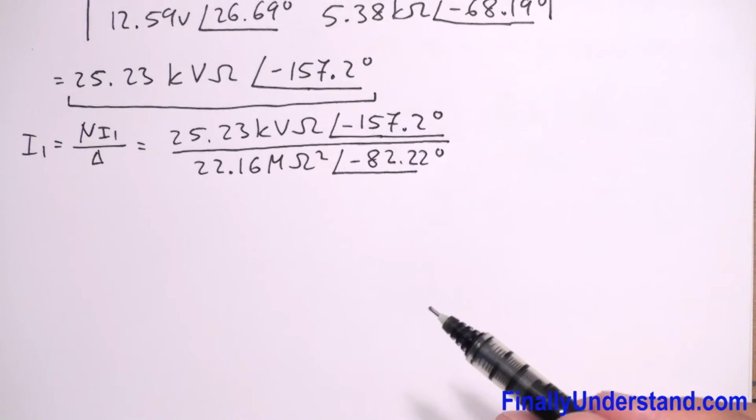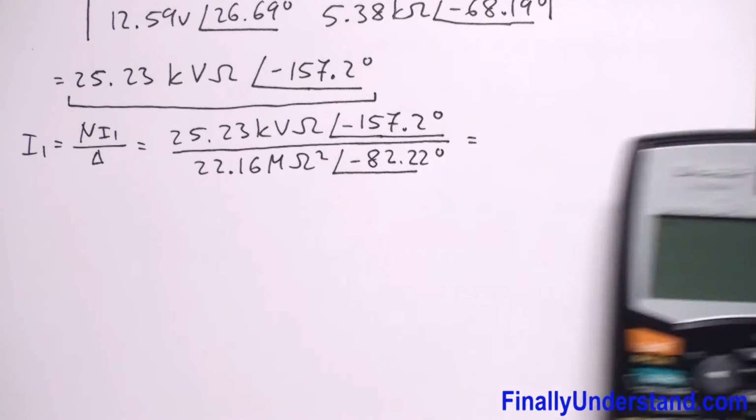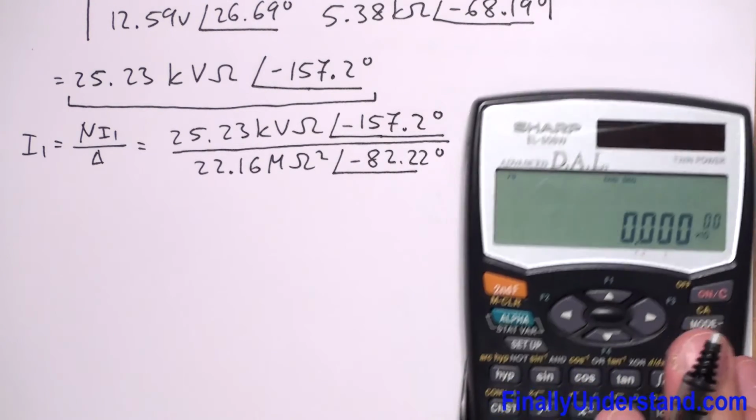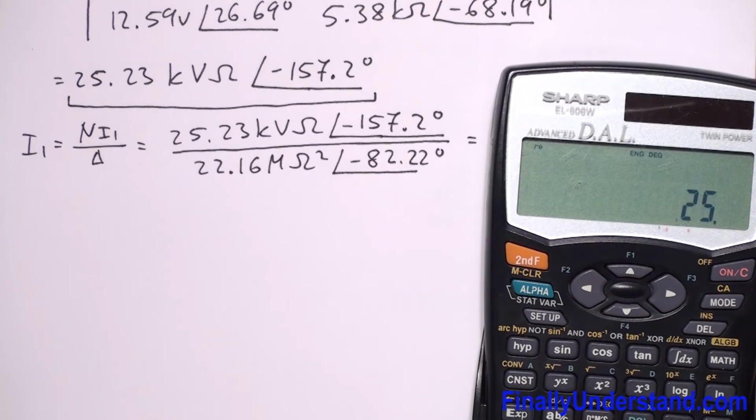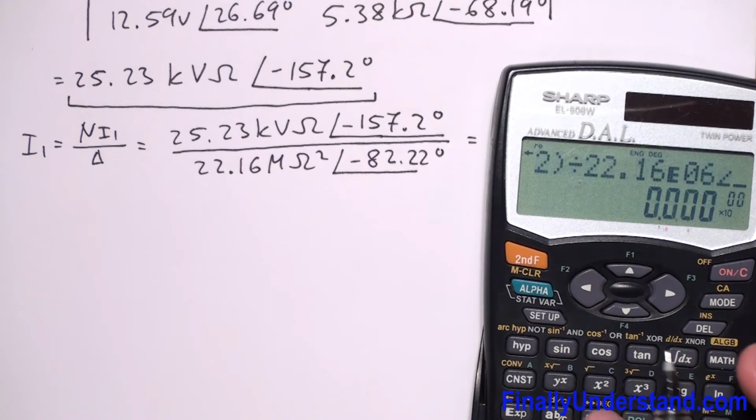So next we're supposed to use the calculator and get the answer for I1. So I have 25.23 exponent 3 and angle of negative 157.2 divided by 22.16 exponent 6 and angle of negative 82.22.